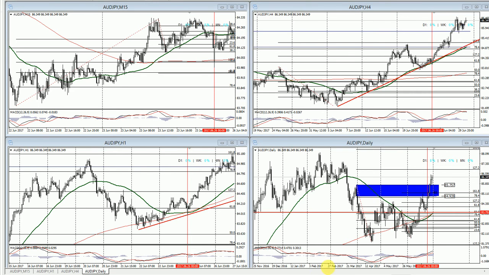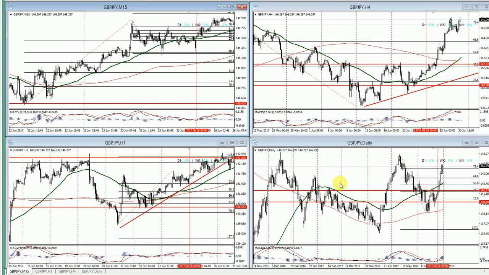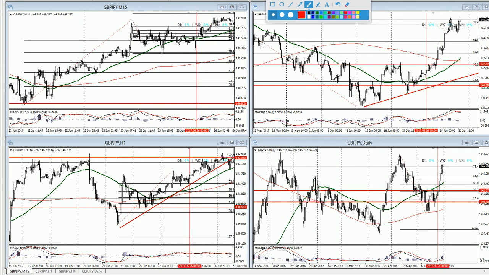Okay, let's move on to the next one. The next one will be British yen. British yen is happening at the previous resistance and previous support area. We have a possible continuation and a possible reversal.